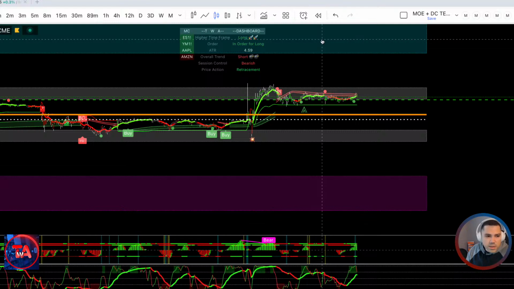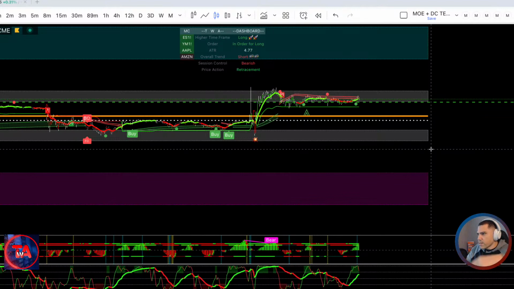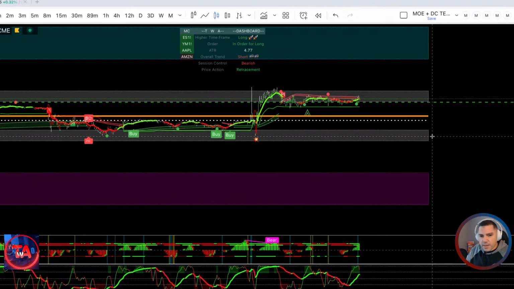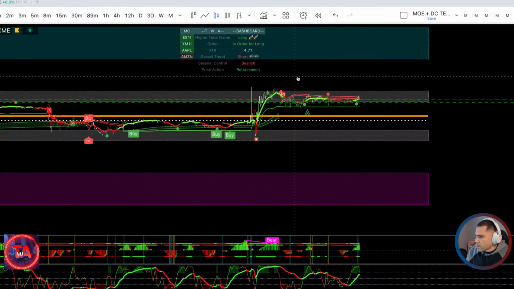Quick question: where would you like to go long using this 4-hour forecaster? Put that answer in the comments. Where would you like to go long if you're looking long today? Looking just at this TWA 4-hour forecaster, what are ideal spots to go long? Let's see if we can answer that question in the comments.